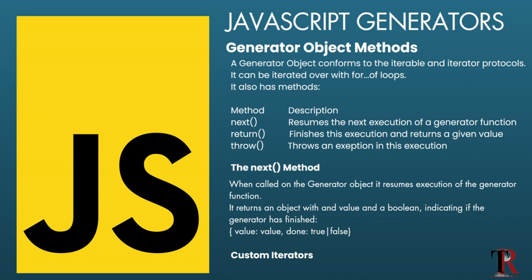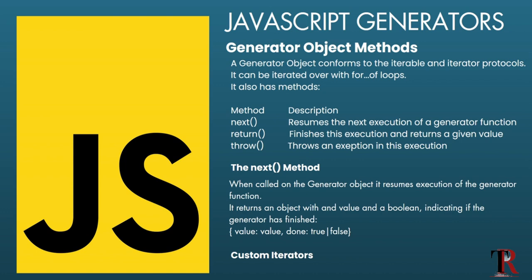So moving on from that, we're going to be looking at the generator object methods in this lesson. Now, a generator object conforms to the iterable and iterator protocols.